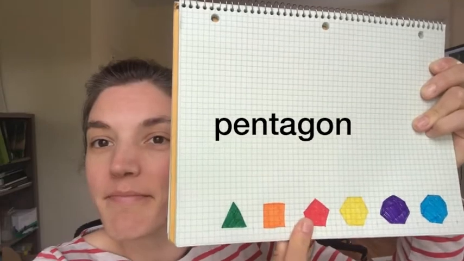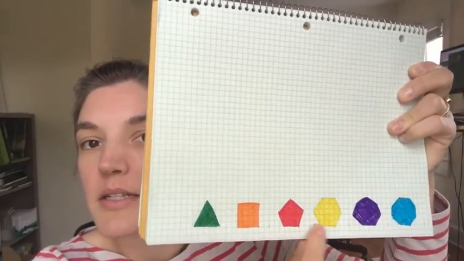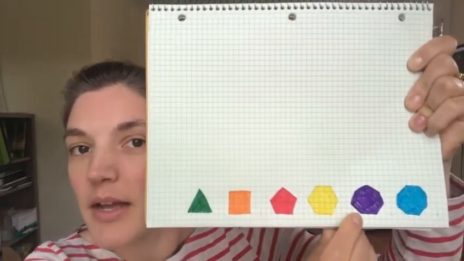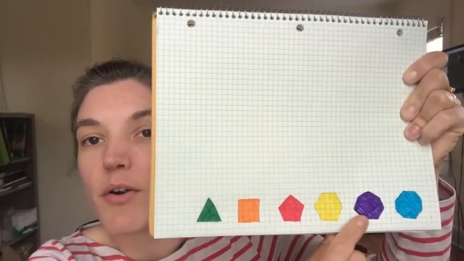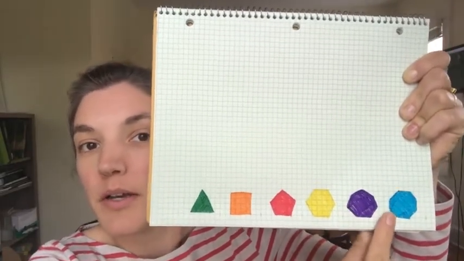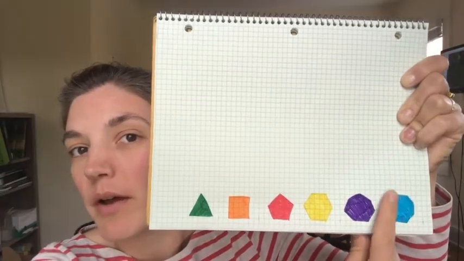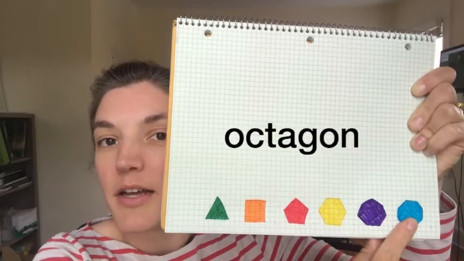It's a pentagon. This one has 1, 2, 3, 4, 5, 6 sides and 6 corners. That's a hexagon. This one has 1, 2, 3, 4, 5, 6, 7 sides and 7 corners. This one's called a heptagon. This one, it reminds me of a stop sign. It has 1, 2, 3, 4, 5, 6, 7, 8 sides and 8 corners. It's called an octagon.